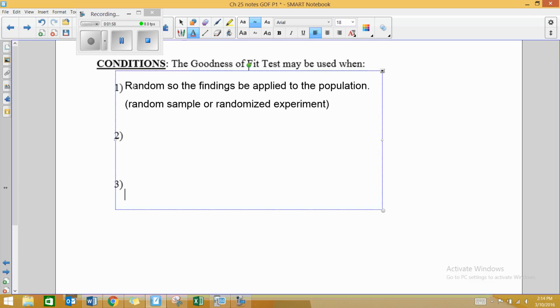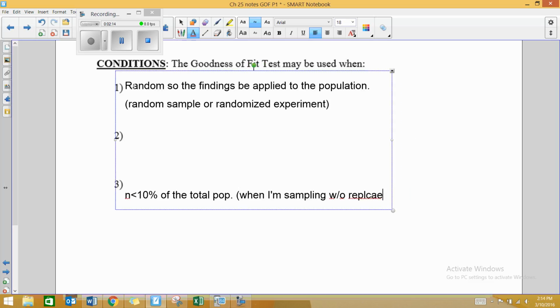Okay, we'll skip the second one, we'll come back to that. Three will look familiar. Three, I want to stay under 10% of the total population. And that is only when I'm sampling without replacement. So that's like standing outside of a grocery store or calling people.